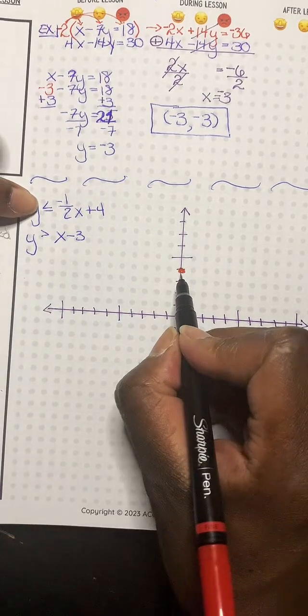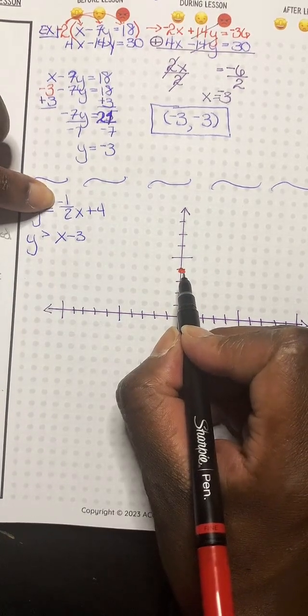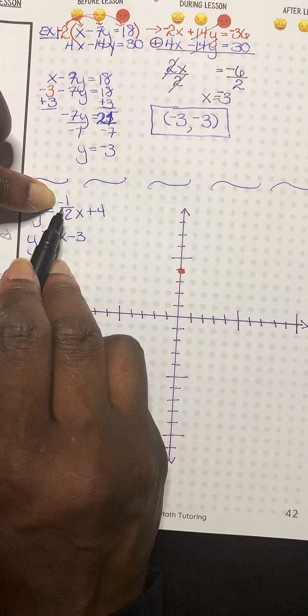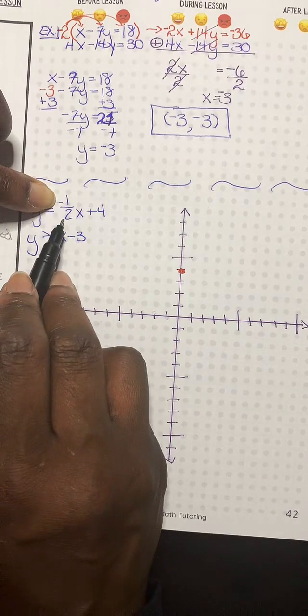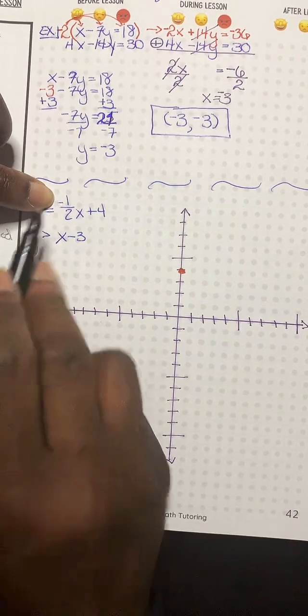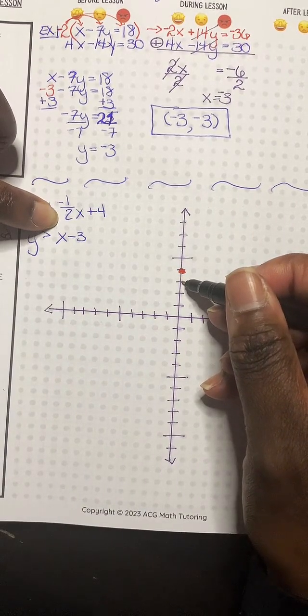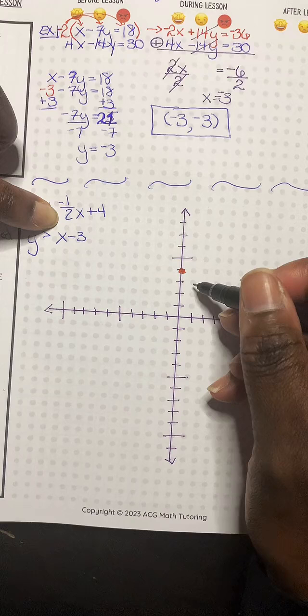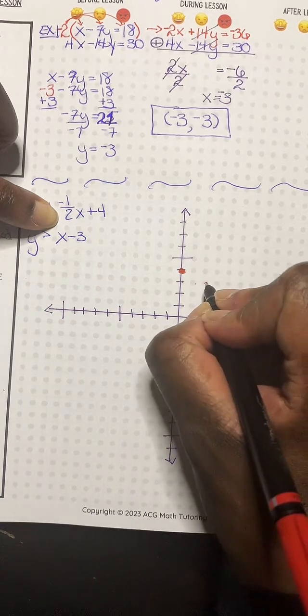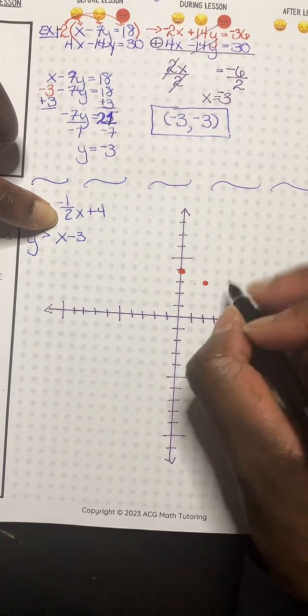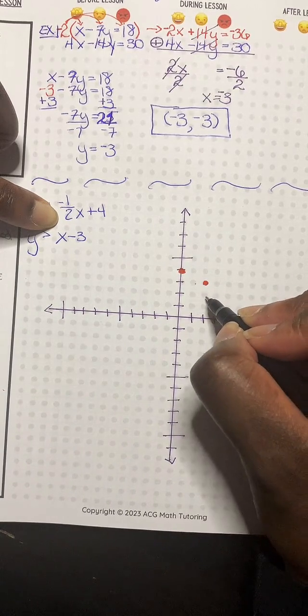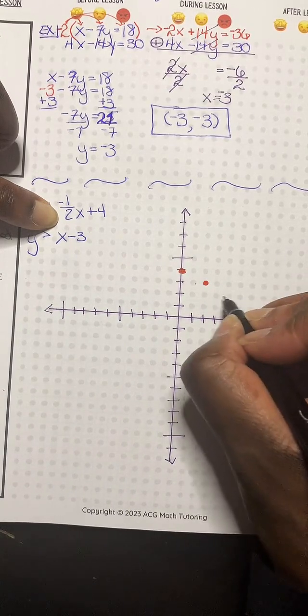So from this point, I'm looking at my slope. Remember, your slope is your rise over your run. My rise in this is going to be going down 1. And my run, since it's positive, I'm going to go to the right 2. So here's a point. I can continue on this path. I can go down 1 and to the right 2.